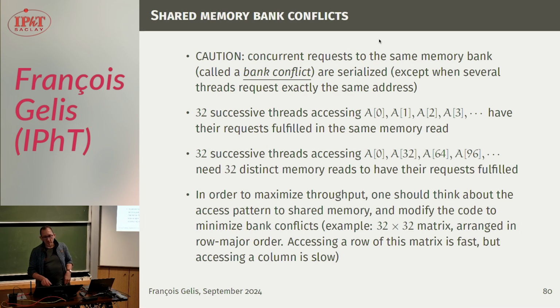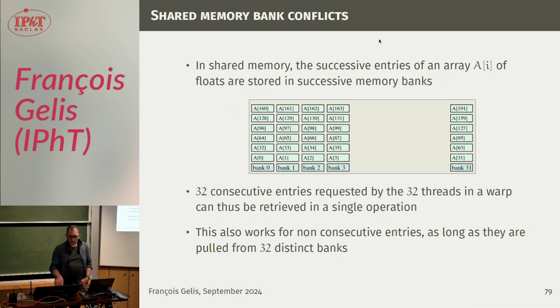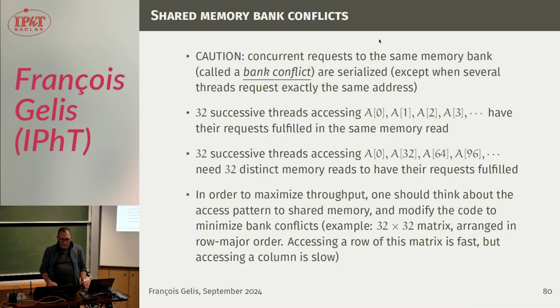There is just one exception. Suppose the 32 threads in the warp are accessing A, and all of them access A of 0, so the same address in the same bank. Then this is treated as a single read operation. It doesn't need to read the same value A of 0 32 times. But this is not a common case.